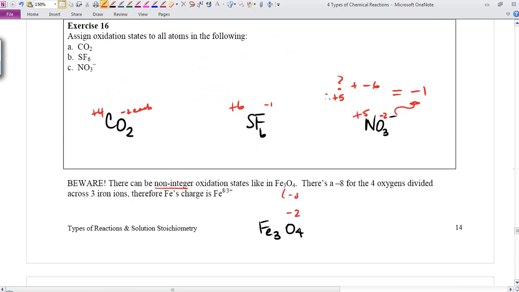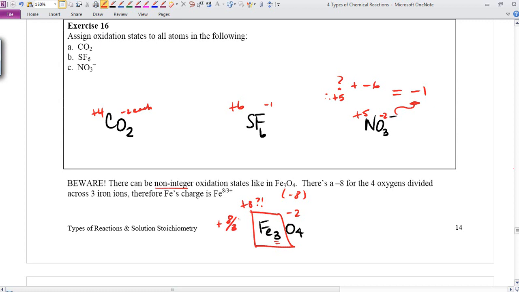So that's a total then of -8. Well, I got to have a +8 over here on this whole piece because there's only 2 pieces of this molecule. So that's got to be a +8, but how the heck is that going to work among 3 of these? So its oxidation state would be written as positive 8 divided by 3.